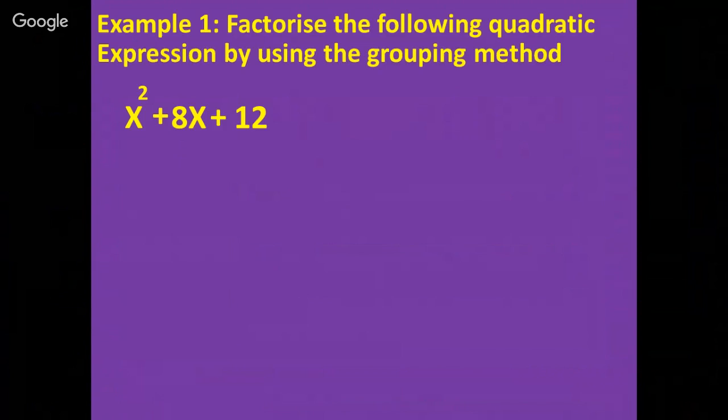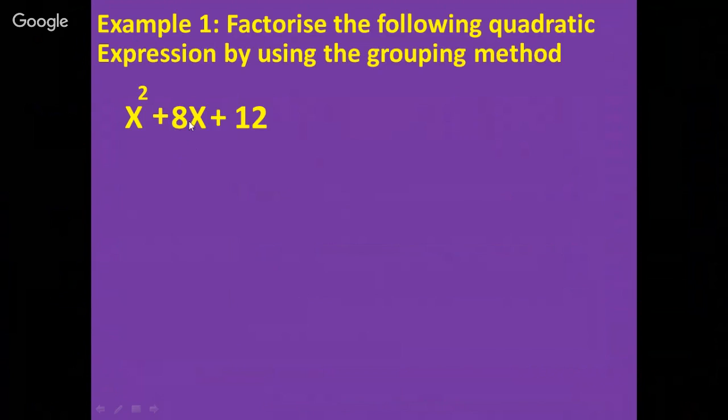Remember, in the grouping method, we will always split the term in x into two numbers such that the sum of those two numbers is equal to the coefficient of x. The coefficient of x is 8.